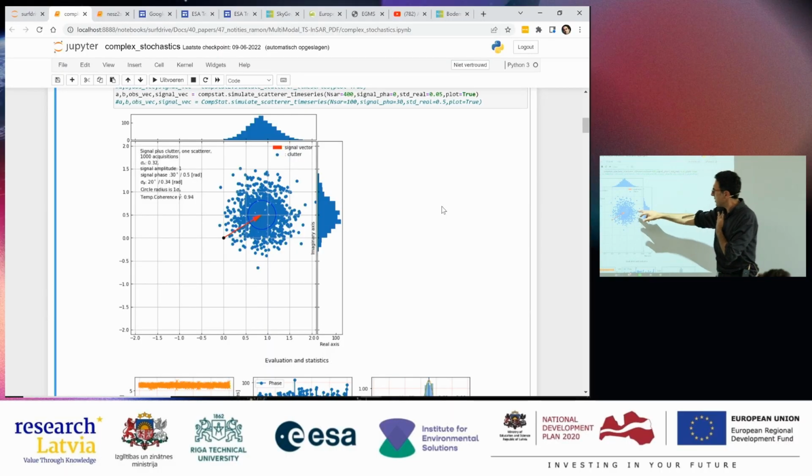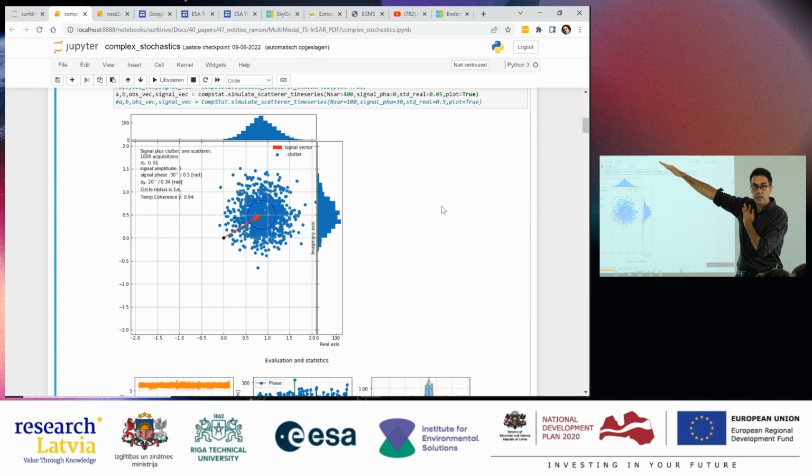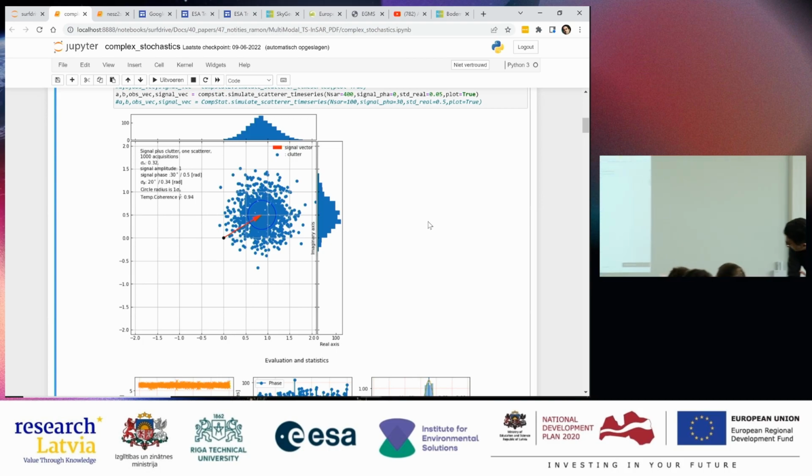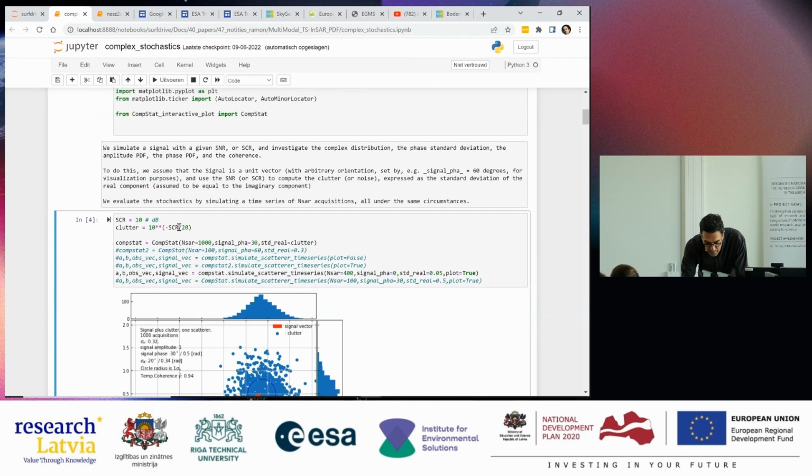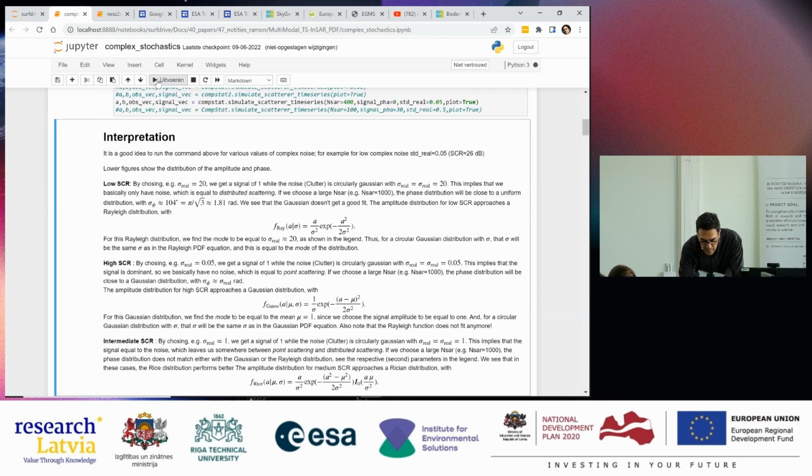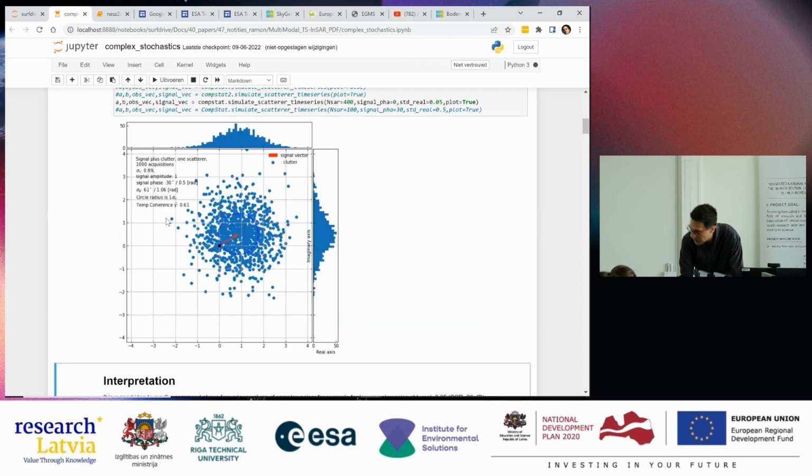In the previous one, where the clutter was only around this, my variation of the phase is very limited. If I go even lower, so this is the blue circle that you see over here, let's go to a signal to clutter ratio of 1. That would be very bad. The noise is equally big as the clutter. Then we get this.